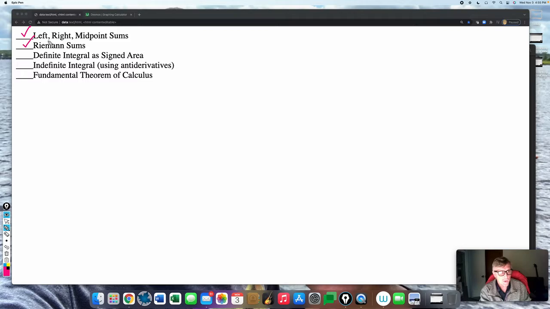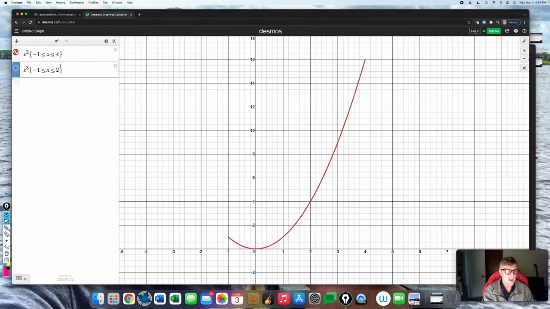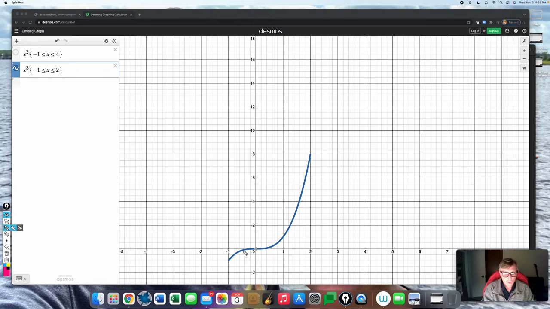Now, I will say that when we are doing these rectangles, sometimes the graph can go below the x-axis, like this one, right? This is the reason why I put this function here. So what would happen if, let's say, we use 3 rectangles, right, from -1 to 0, 0 to 1, 1 to 2, to find the area between this graph and the x-axis? Well, our first rectangle would be, here would be your f of -1, and it would look like this.